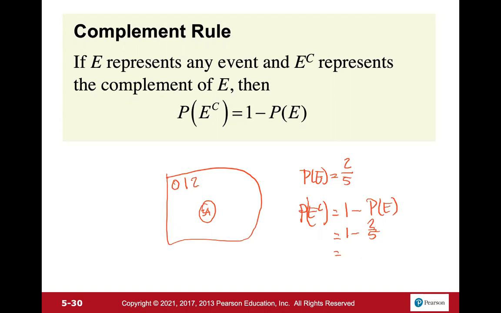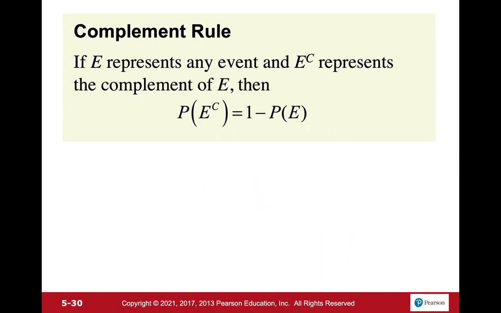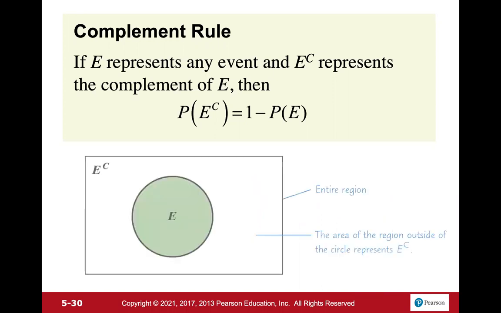If we were to subtract these two, we would have to rationalize the denominator. So 5 over 5 is equivalent to 1, minus 2 over 5. 5 minus 2 is 3, so 3 over 5. Or you could have just plugged it into the calculator. All right, so that's what it's going to look like. And yeah, the entire region outside of the circle of E represents E complement.